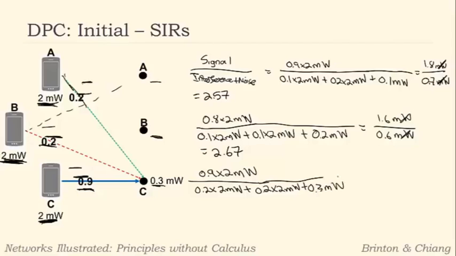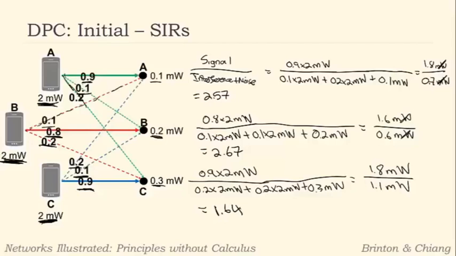Remember, that has the highest noise out of any of the receivers. And so this gives us 1.8 milliwatts divided by 1.1 milliwatts. And after we do that, we get 1.64 to be the SIR.